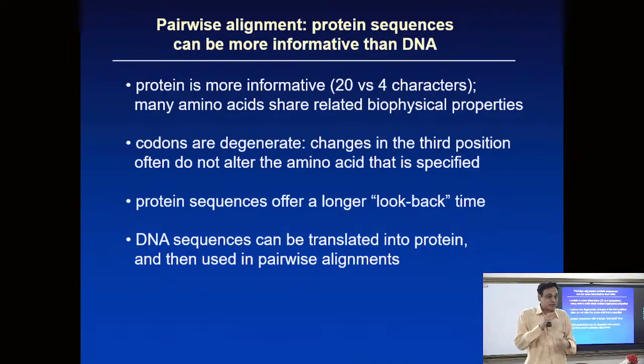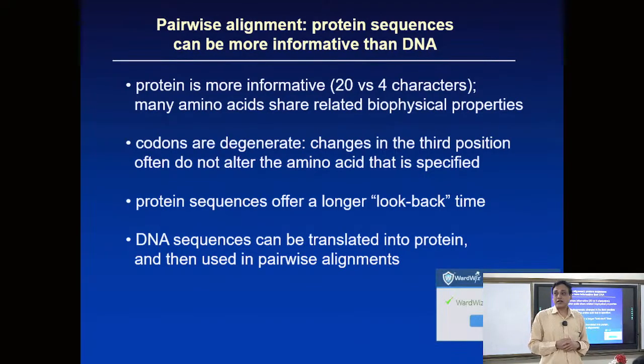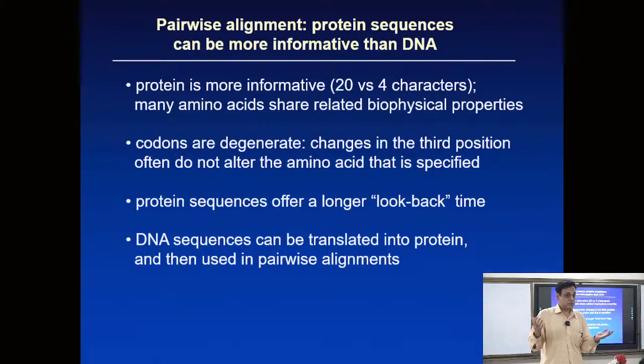Of course, there could be some differences, but most of the proteins could be identical. So where does the difference lie? In DNA, right? If you remember, changes can happen in the third codon position, most of the time, without changing the amino acid. An amino acid is coded by one or more codons.